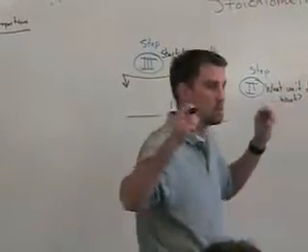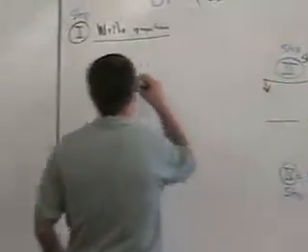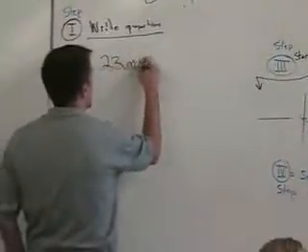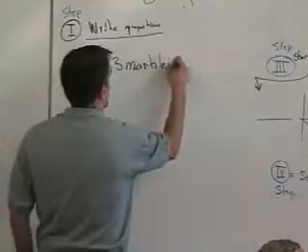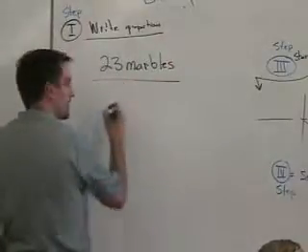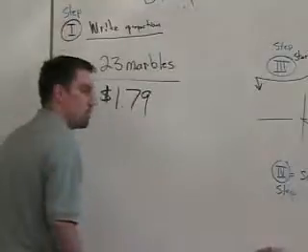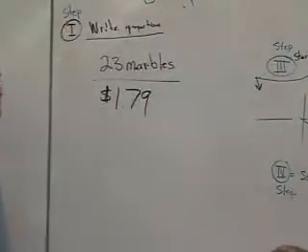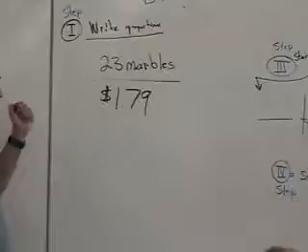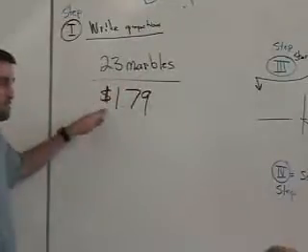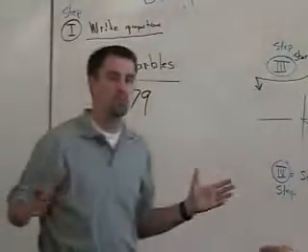What? 23 marbles over 1.79. 23 marbles for every $1.79. Is that a proportion? Yes. Did I include the units? Yeah, marbles and money, right? What other information was important?